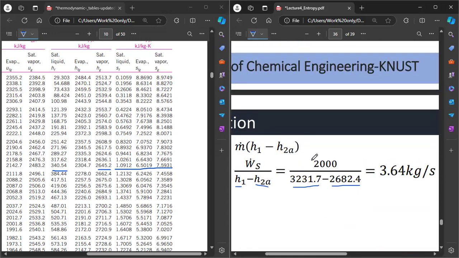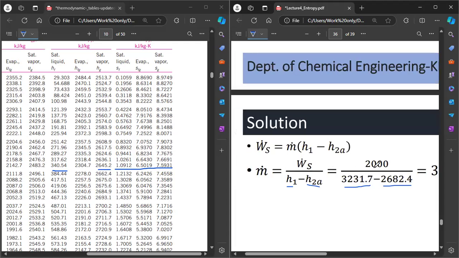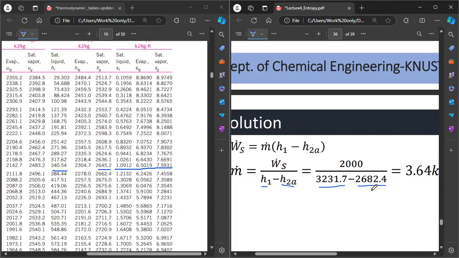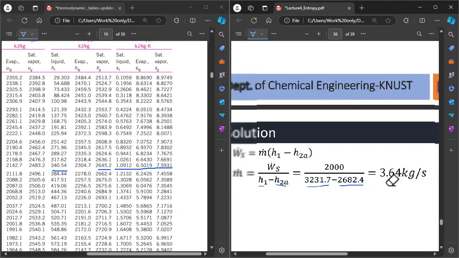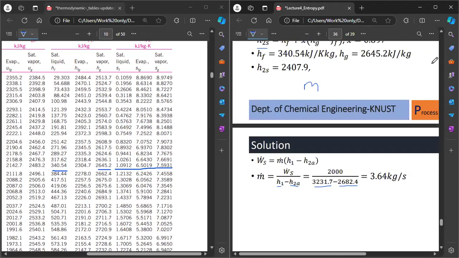We can express 2 megawatts in kilowatts, so we have 2000 kilowatts. That's going to be the work that was done, right? So the work done is just the mass flow times the change in enthalpy. Because it's the actual work, we are using the actual enthalpy change. So it's going to be 2000 kilowatts divided by (H1 minus H2A). That will give us the mass flow of what we are working with.